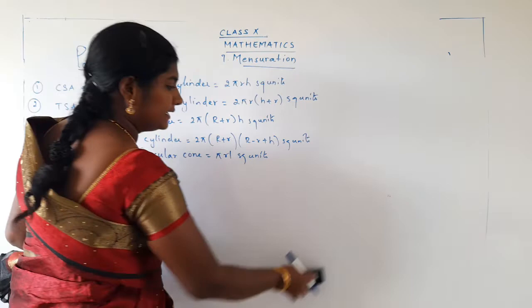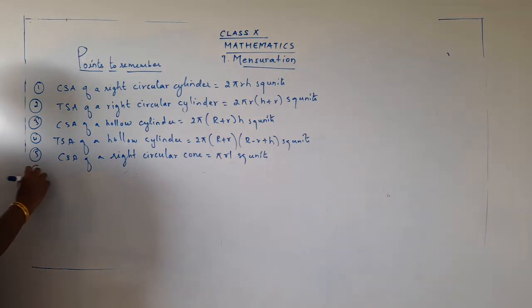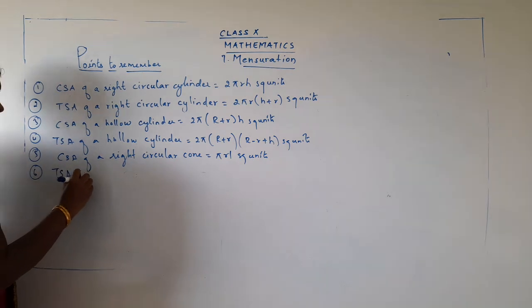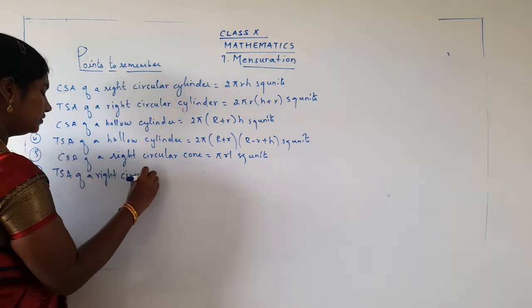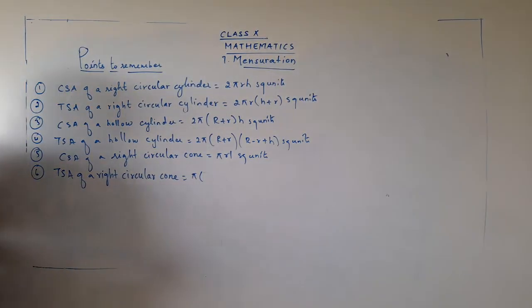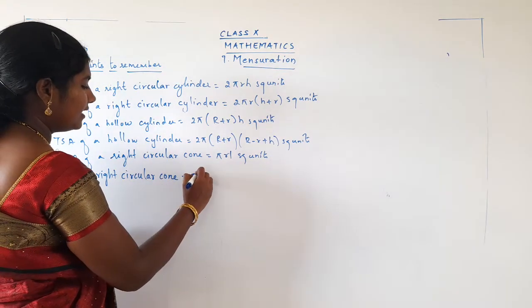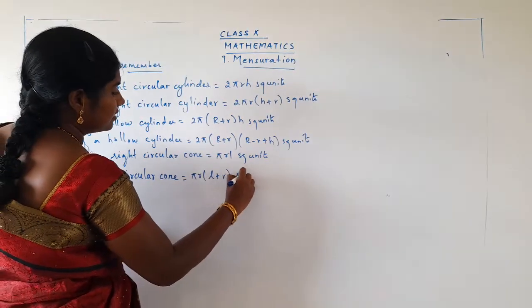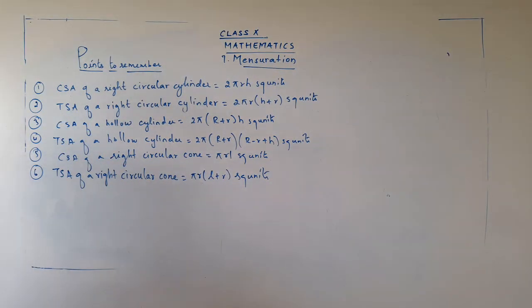Okay, so we have completed CSA. Now let's go for the TSA of a cone. TSA of a right circular cone is equal to pi r (L plus r) square units.